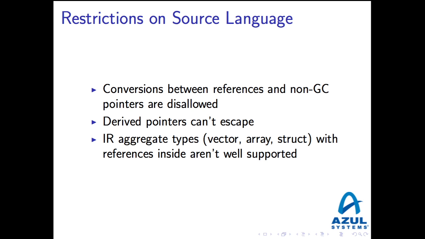Then we cannot allow derived pointers to escape into the heap because when we load pointers back from the heap, we need to be certain that it is a base pointer rather than a derived pointer. And then finally, as an implementation note, our current Safepoint insertion pass has some limitations with regards to first-class aggregate types in the IR that contain references. There's nothing fundamental about that. We just haven't bothered to actually implement it yet. We will do so at some point, and/or someone else will beat us to it.